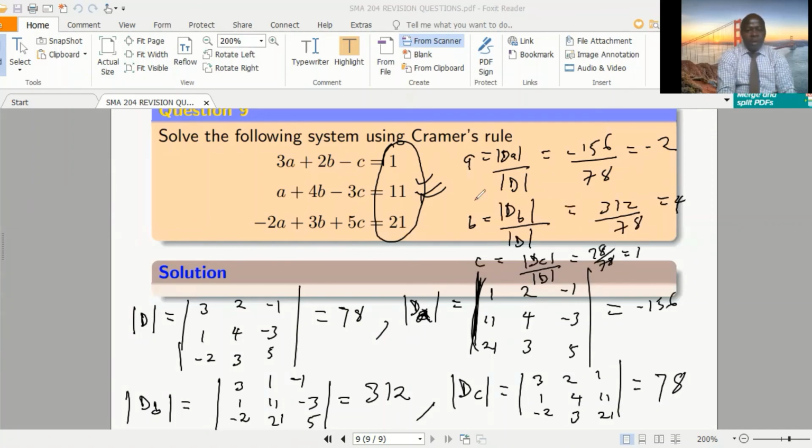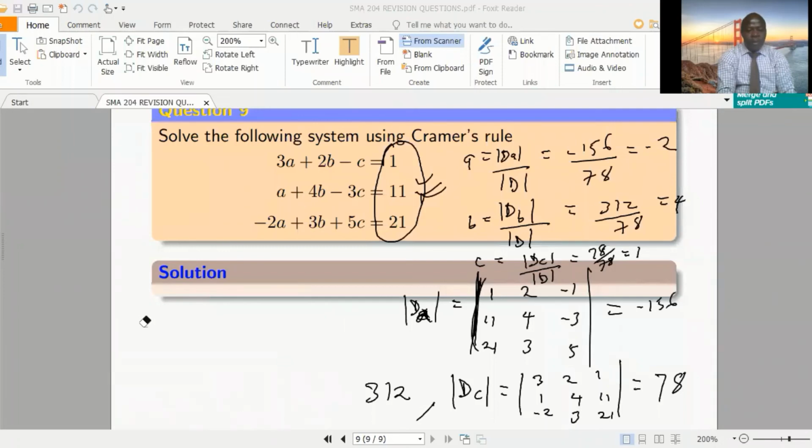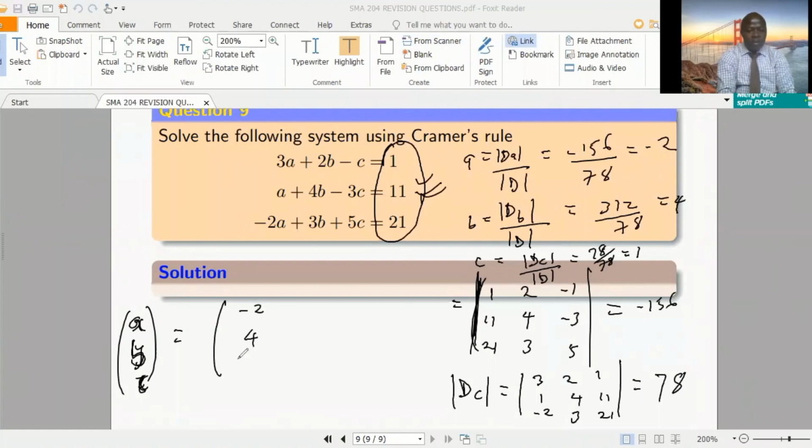So these are the values of A, B, C. But the question wanted us to find a solution to this system. So the solution of this system is A, B, C, which is A is negative 2, B is 4, and C is 1.